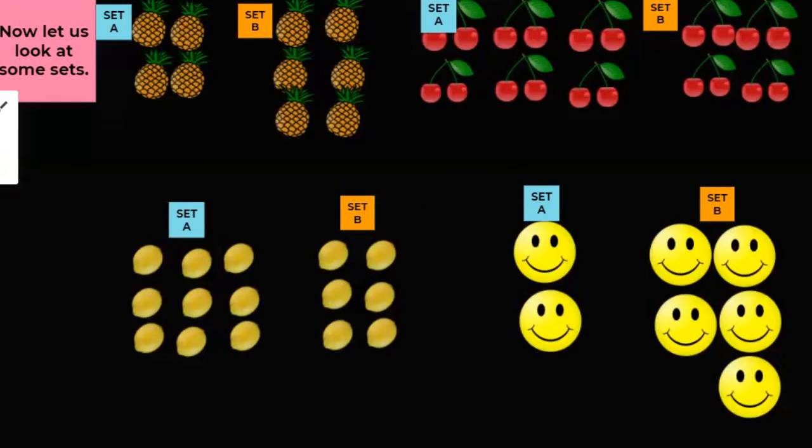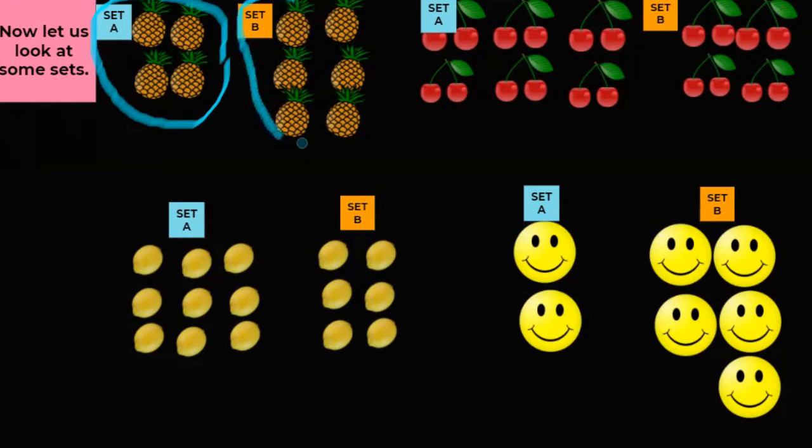We're going to see which set has the greater amount. And in the pineapples, we have set A with 4 and set B with 6. Now, which group has more? Is it 4, set A, or is it 6, set B?